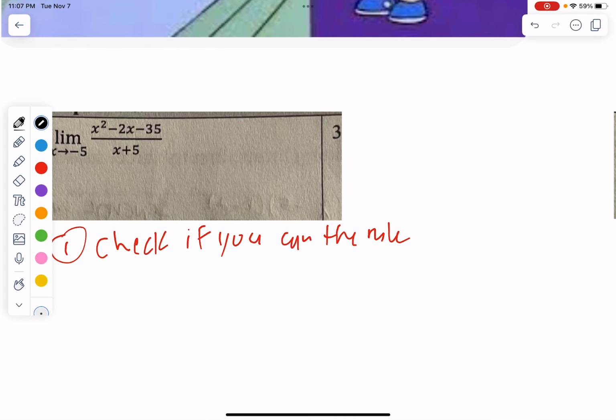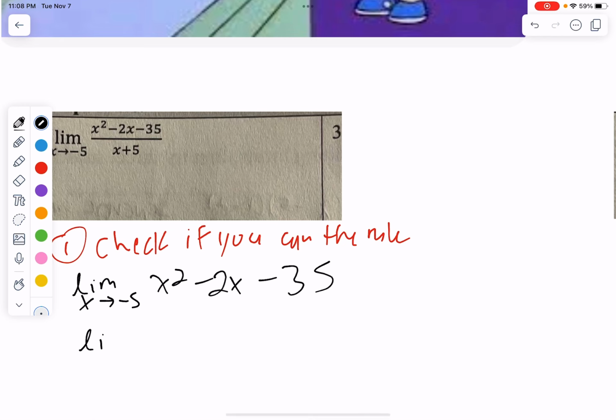The way you check this is by taking the limit of the numerator and the limit of the denominator. So the limit as x approaches negative 5 of x squared minus 2x minus 35, and the limit as x approaches negative 5 of x plus 5.